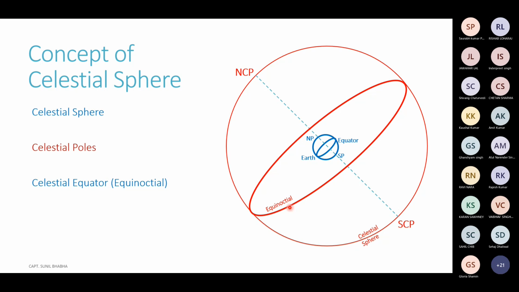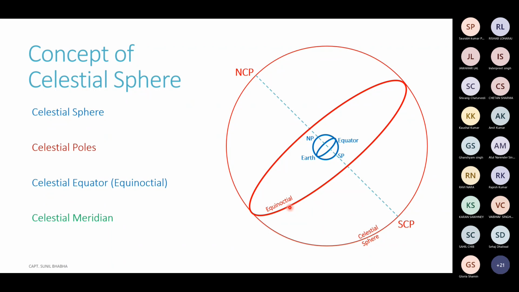So we have the equinoctial in the diagram, we have the North Celestial Pole and the South Celestial Pole in our diagram. These are used as reference points to specify the position of any celestial body on the celestial sphere. Now, how do we use it as references?